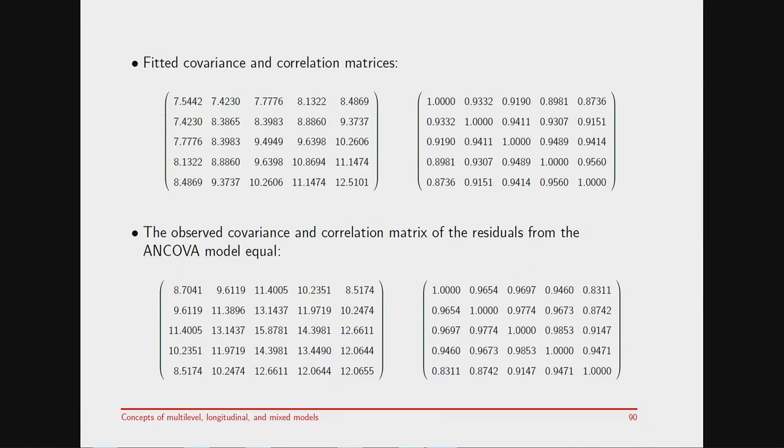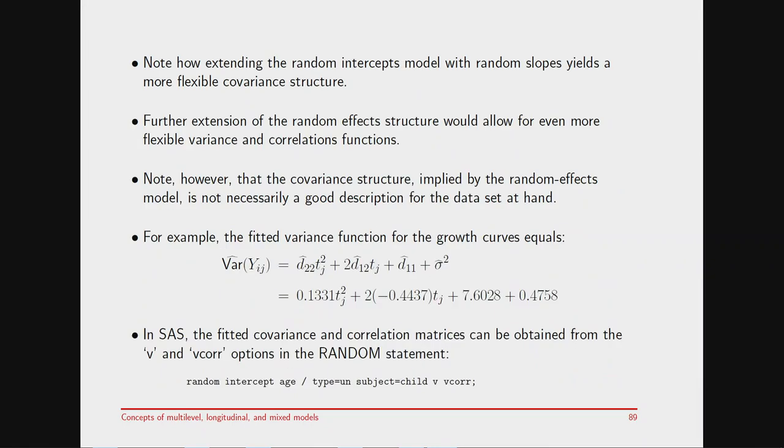And here what you see is the fitted covariance and the fitted correlation matrix, which I get from putting in my random statements the options V to get the covariance matrix and VCORR to get the correlation matrix. So that's the covariance and the correlation matrix based on your model fit.